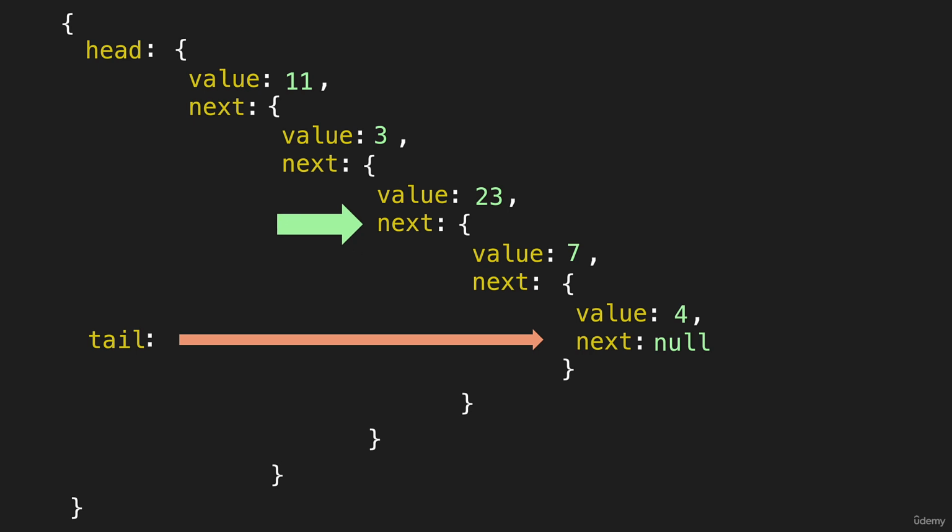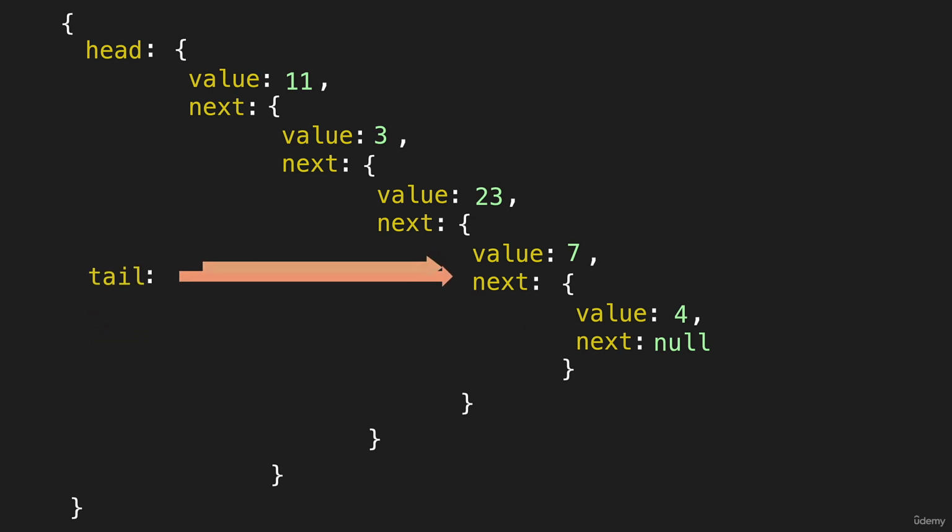The only way to get to this node is by the next value in this node, and so on, and so on. And this is why we have to start at the head and then iterate through this until we get to this node. Once we've done this, we can have tail set equal to that, and that moves tail up. But we have to iterate through the entire list to make that happen.